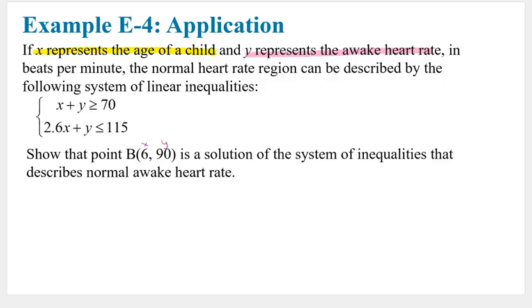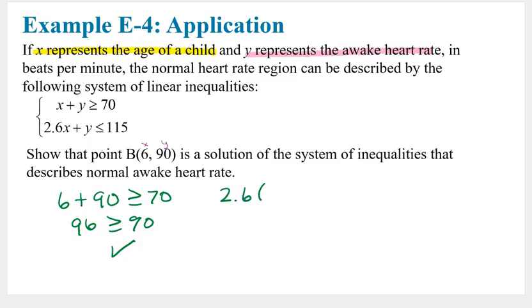And that's it. So let's plug in x, y into the first inequality. So 6 plus 90, is that greater than or equal to 70? So 6 plus 90 is 96, and 96 is definitely greater than 70, so that checks out, so that's good. Now let's check the second one. 2.6 times your x, which is 6, plus your y, which is 90, is that less than or equal to 115?